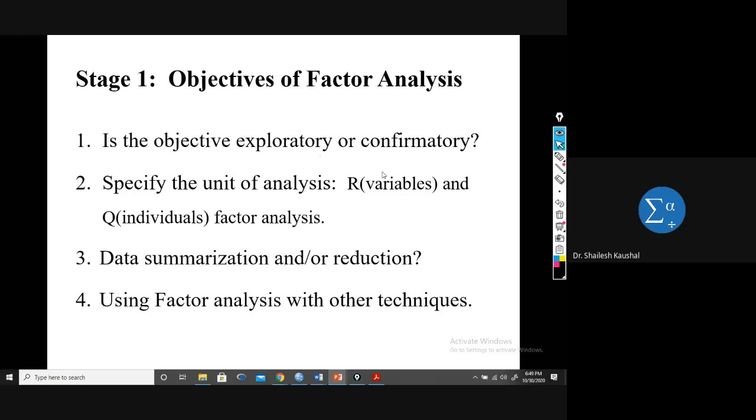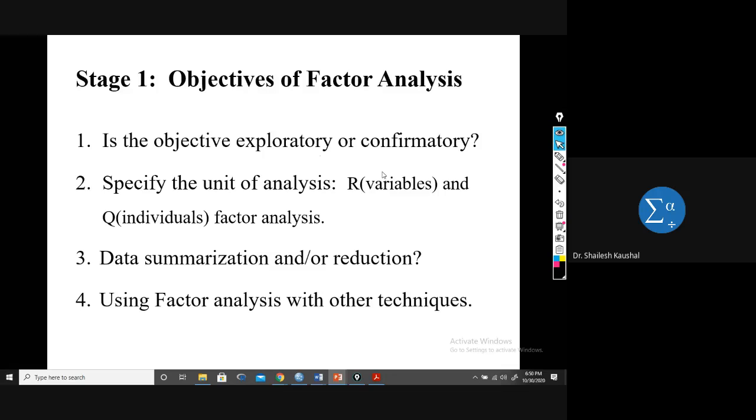Now there are two objectives of factor analysis: is the objective exploratory or confirmatory? Our objective is exploratory, not confirmatory. Confirmatory factor analysis we can perform in other software like AMOS and Smart PLS, and many software can also conduct exploratory factor analysis.